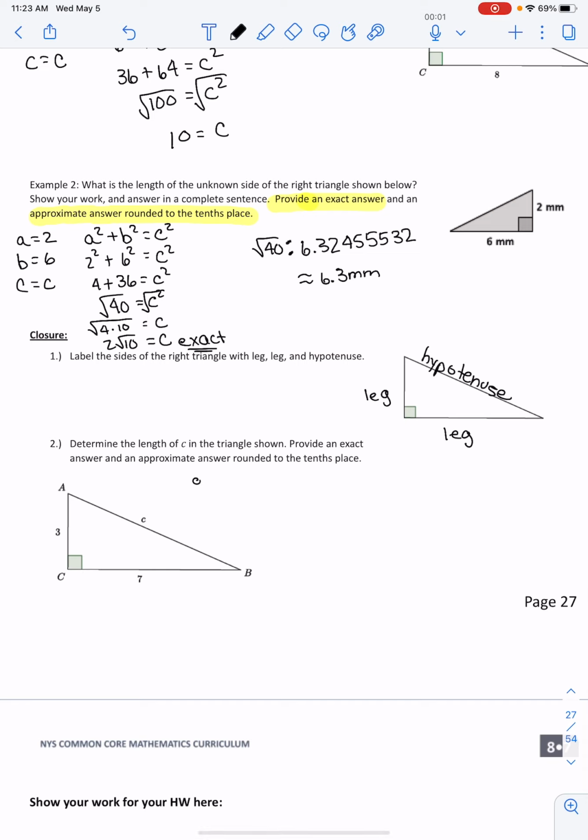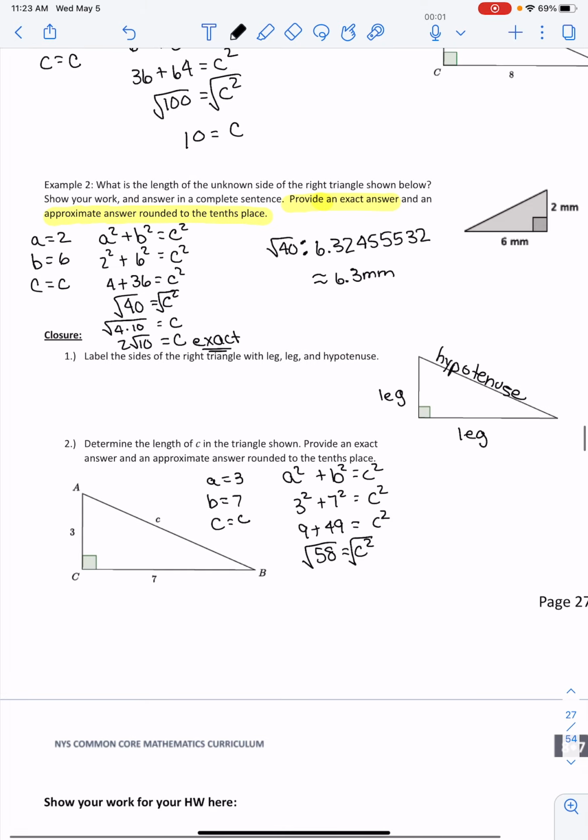So here I have A equals 3, B equals 7, and C equals C. So I have A squared plus B squared equals C squared. So I have 3 squared plus 7 squared equals C squared. So I have 9 plus 49 equals C squared. So I have 58 equals C squared. Take the square root of both sides.